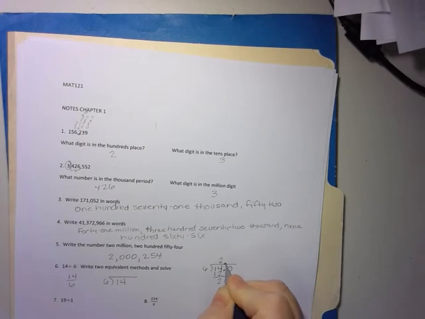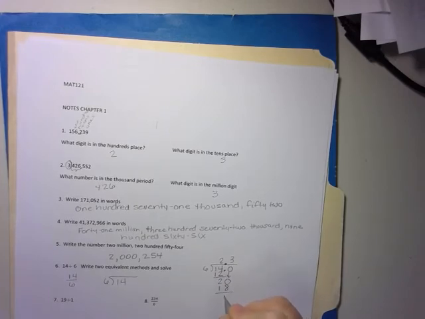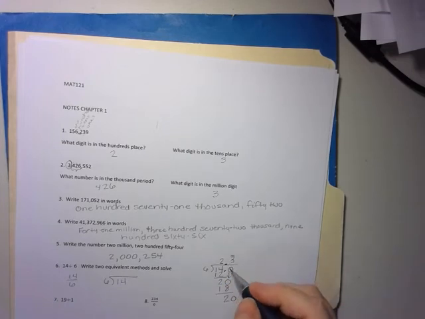Put a decimal point here. 6 goes into 20 three times, which is 18. Subtract, and it's going to be a repeating pattern. So I put the little bar over the 3 to show that my answer is just going to keep repeating as 3.